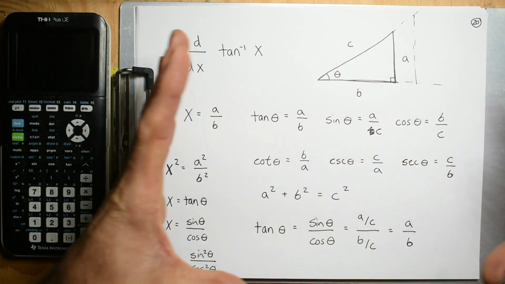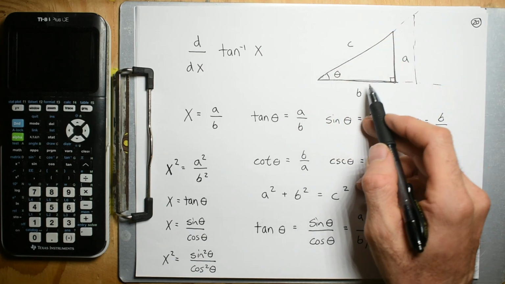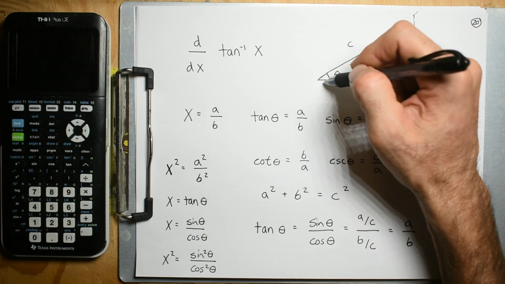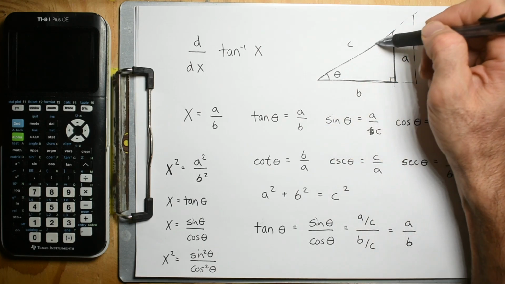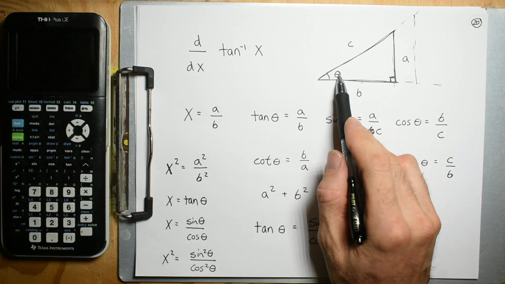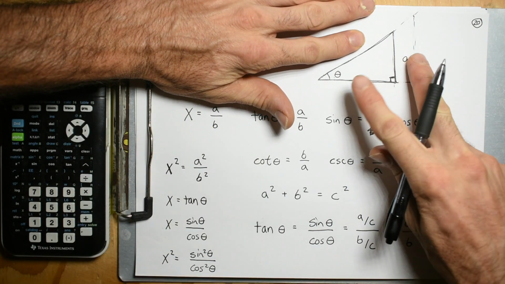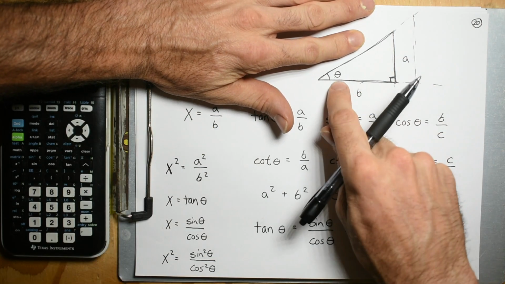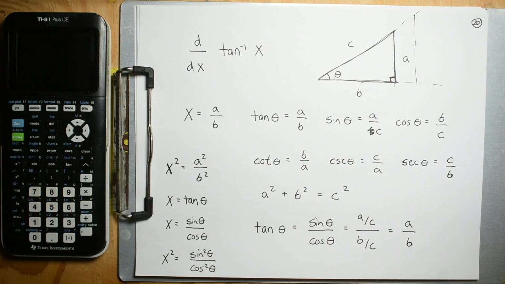The triangle can expand and contract, but as long as this angle is the same, the ratio of this side to that length is going to be that triangle. And the cool thing about a right triangle is if I know 2 of the sides, I know the angle. I may not know how big or small the triangle is.